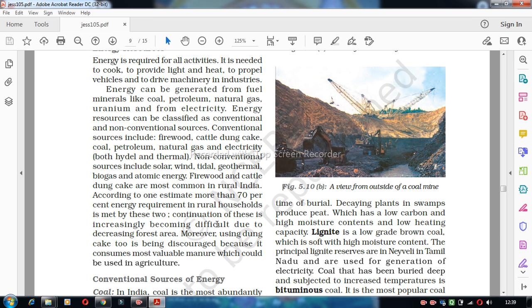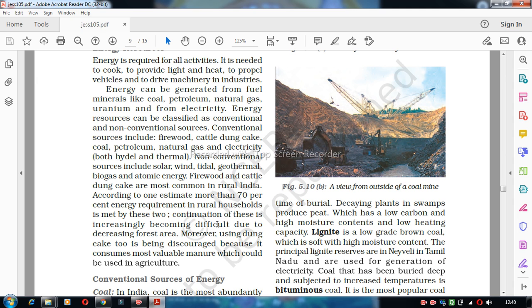Because collecting firewood from the forest causes environmental issues. Moreover, using dung cake is also being discouraged because it consumes most valuable manure which could be used in agriculture.